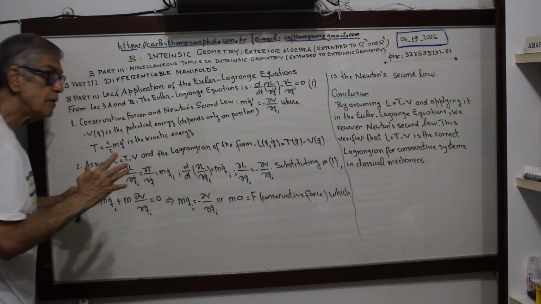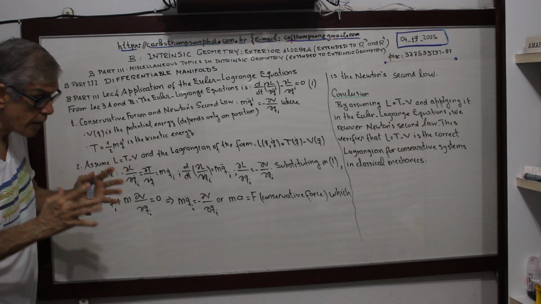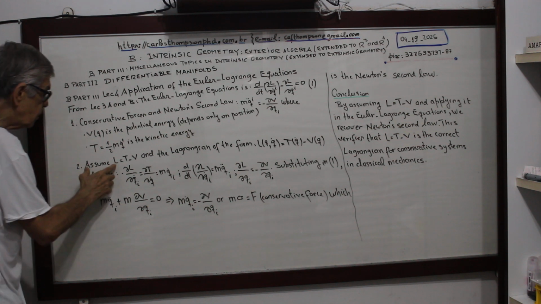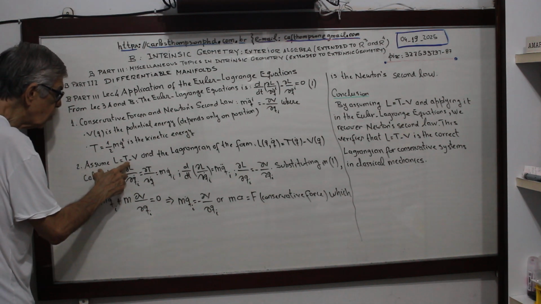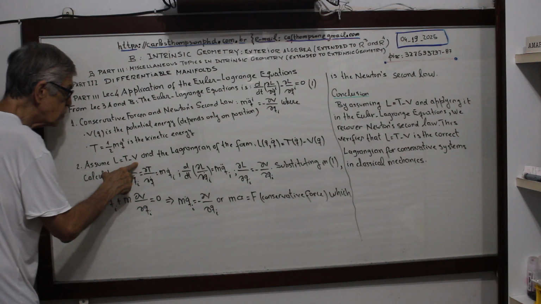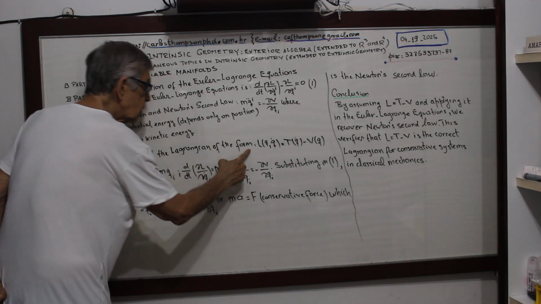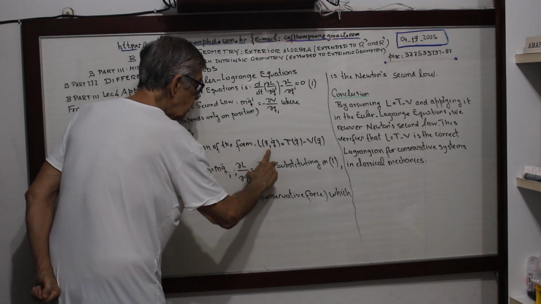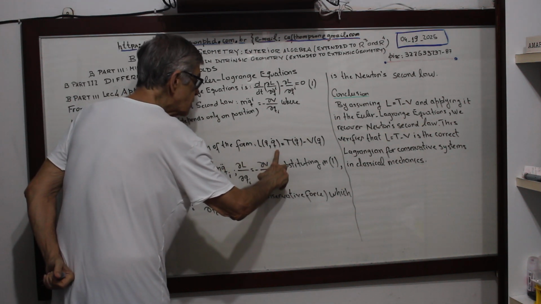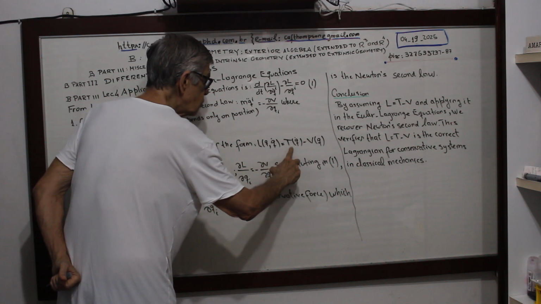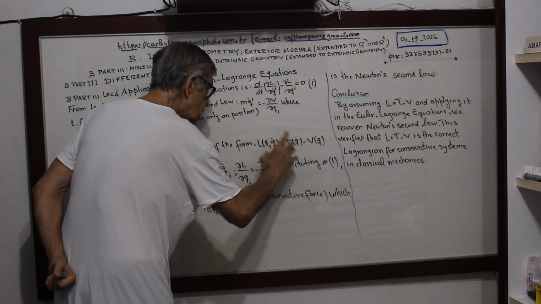Now, by inspection, we assume the Lagrangian is equal to the kinetic energy minus the potential energy, and the Lagrangian is of the form L, a function of the coordinates and velocities. So this is equal to T minus V. This is another assumption.